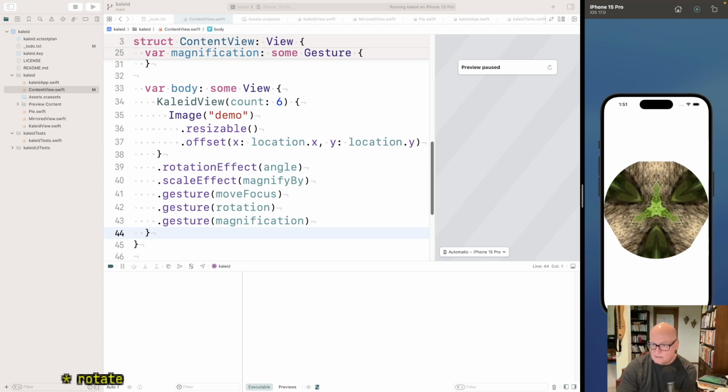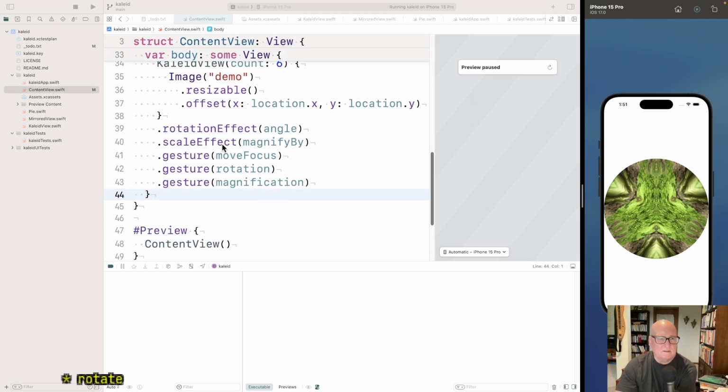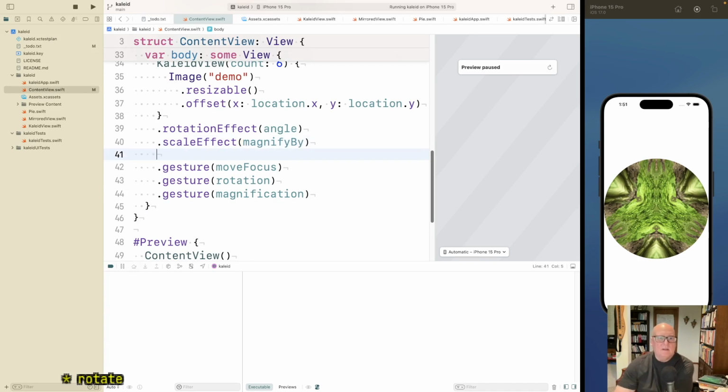Yeah, I think that's another kind of safe area thing. So I don't get the gestures at the same time. So that means I got to choose, do I want the magnification or the rotation to matter?